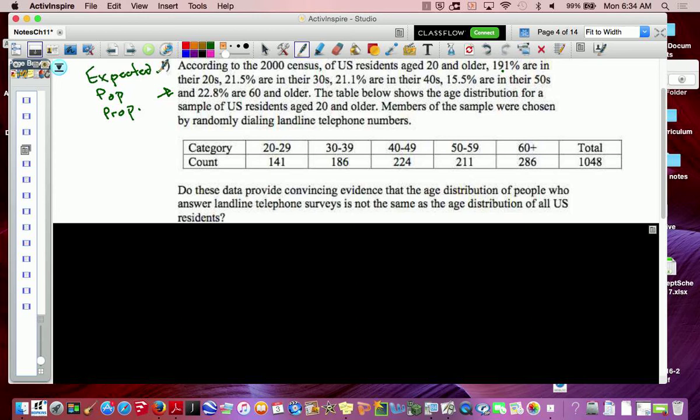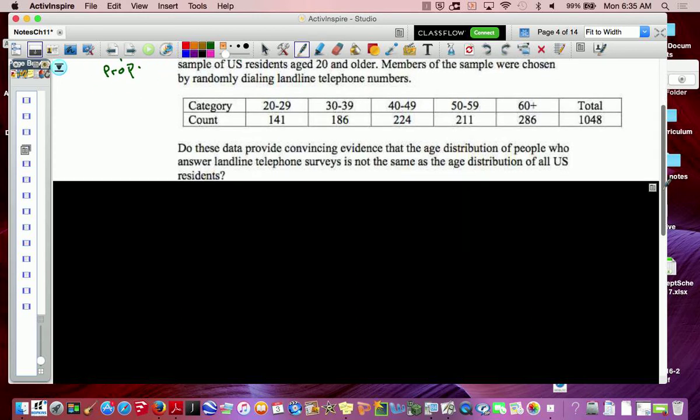Basically we're looking at landline usage, comparing it to the age. Is the age distribution the same in the United States as it is for those who would actually answer landline surveys at home? In our household, we don't even have a landline anymore, and many more people are going that direction. So it'd be interesting to see if it's actually different.